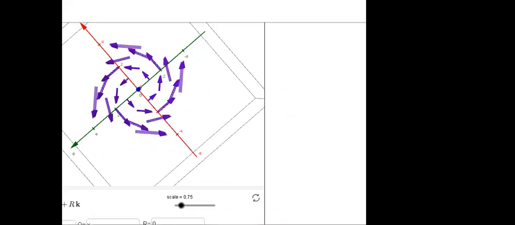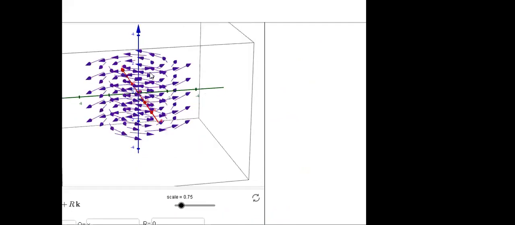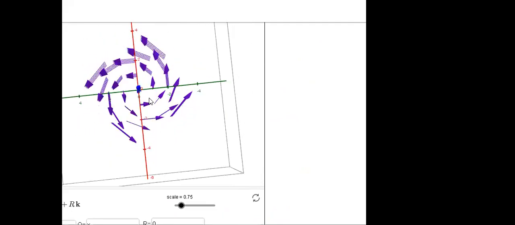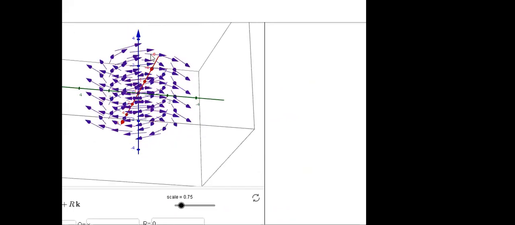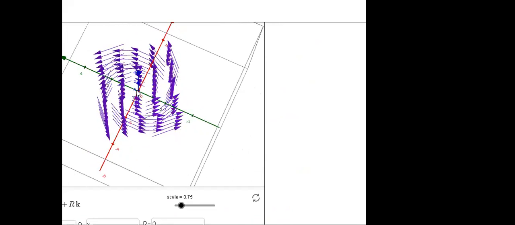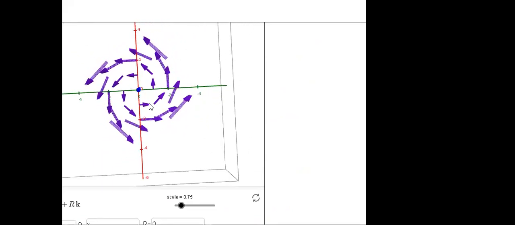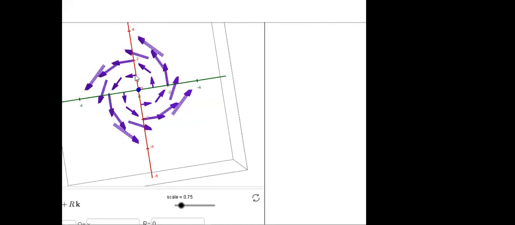You can use this online plotter to plot and visualize the vector field. Here there is no z component, so there is no height, and everything is the same here. So when you see the two-dimensional vector field, you get this.